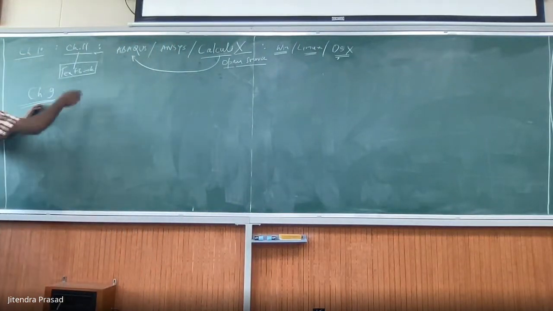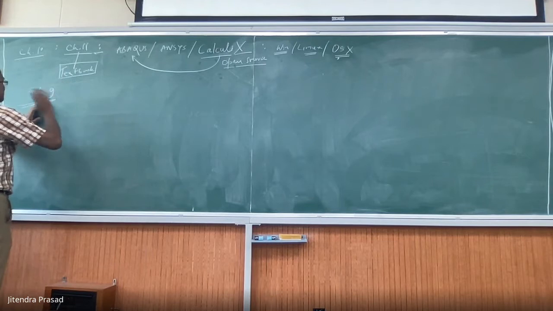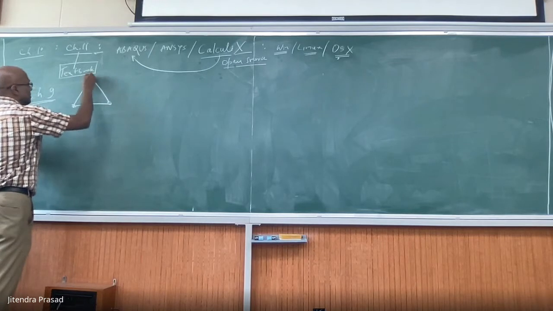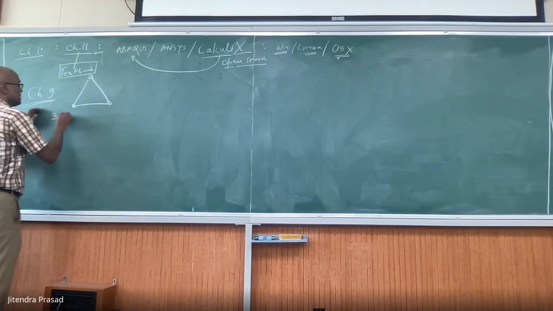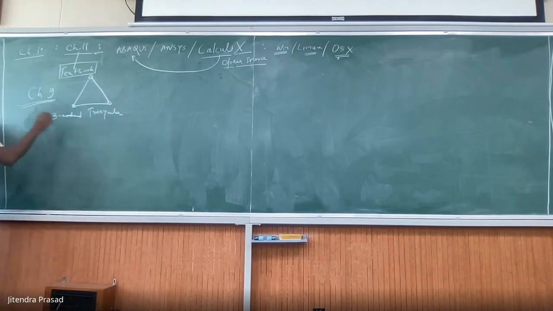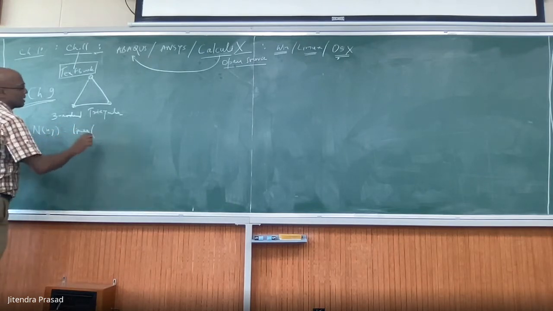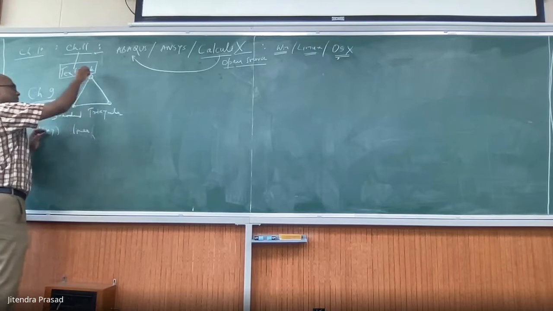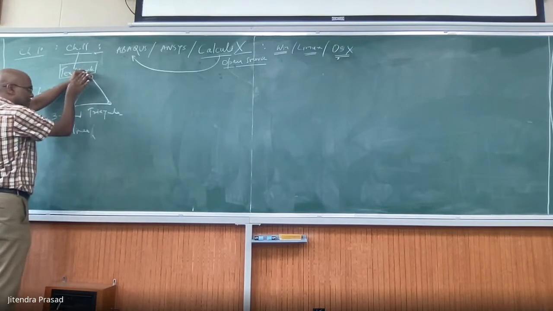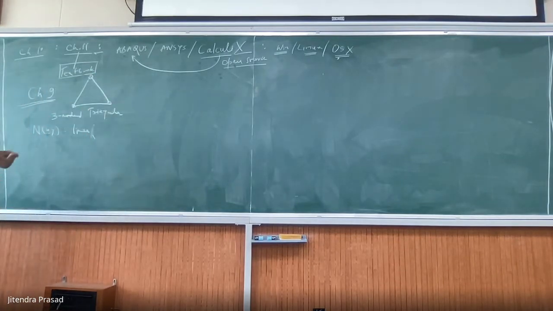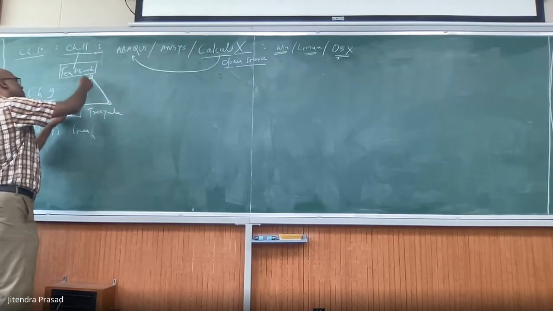Now, one thing before we move to chapter 10 today itself, I just want to remind you that if you have a three noded triangle element, right? You remember that N as a function of x, y is nothing but linear, or its equation is planar, right? So it's linear, meaning that it will be a plane. Finally, the ux, uy will be linear, meaning that you can interpolate between this and this.